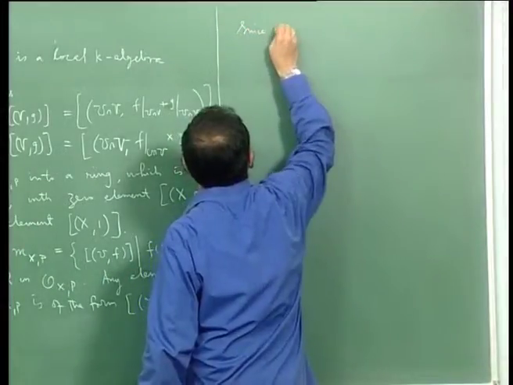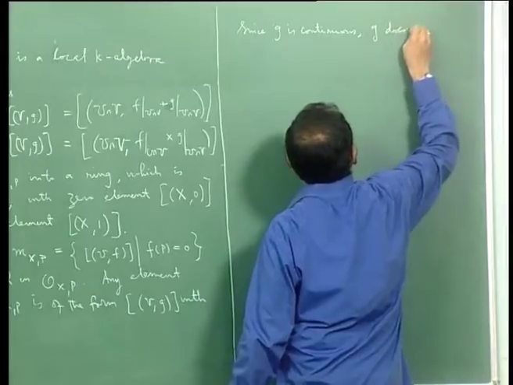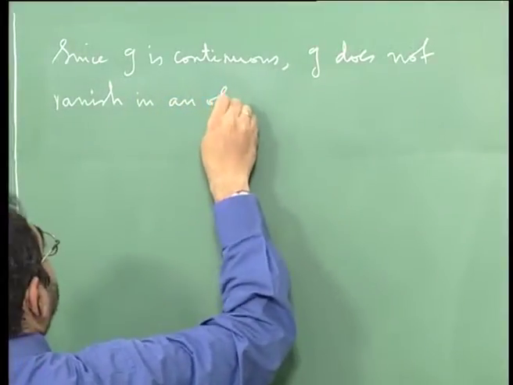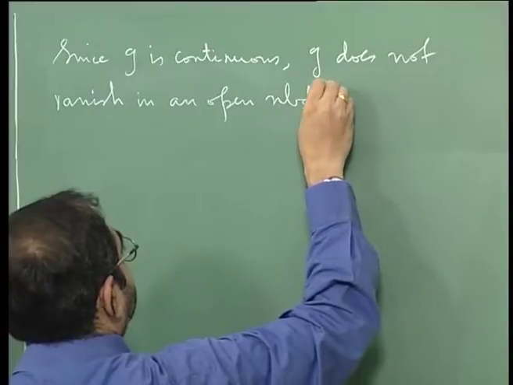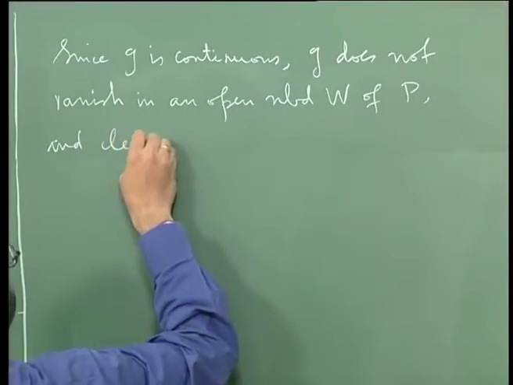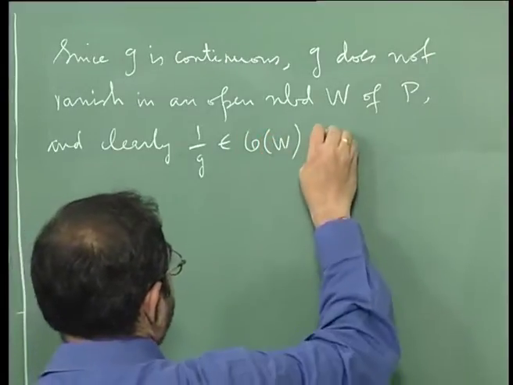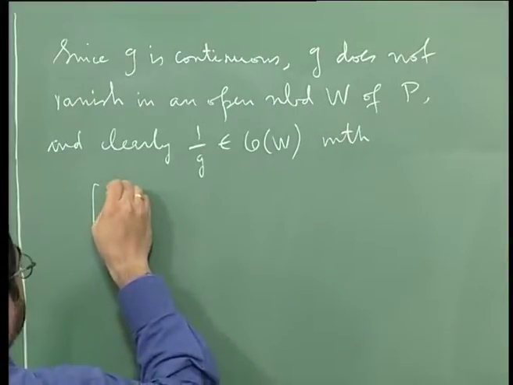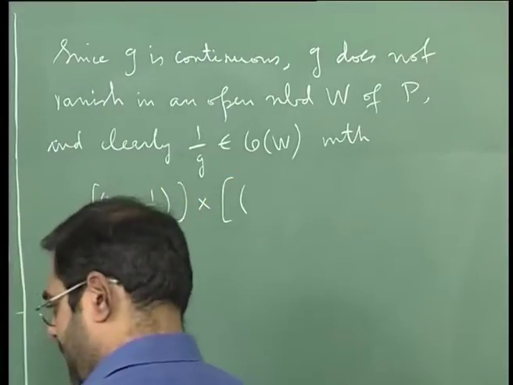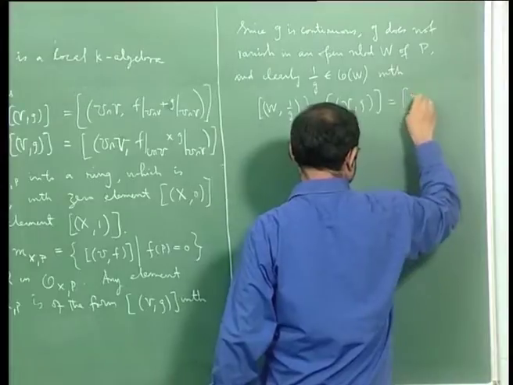Since g is continuous, g does not vanish in an open neighborhood W of P, and clearly 1/g belongs to O_W, with the germ of (W, 1/g) times (V, g) equal to (x, 1).